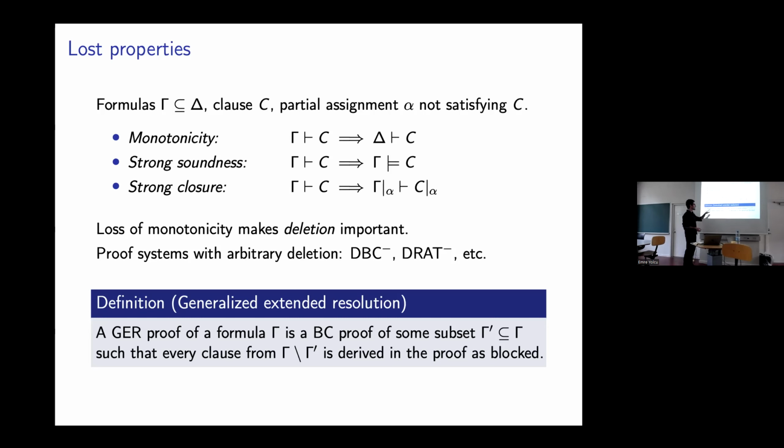In this generalized expand resolution system, a proof is a BC proof of some subset of the original formula that you're given, such that any clauses that you lost when moving to the subset, you have to rederive. This gives you a little more independence in the order of addition of the clauses. Because in these proof systems, you need to be careful with the order in which you add clauses.